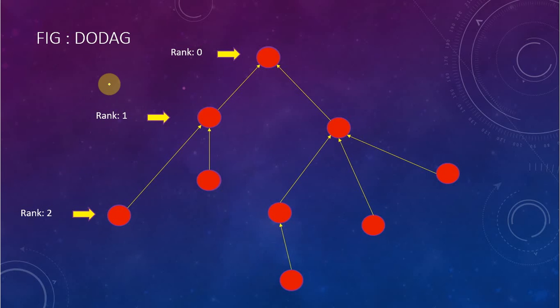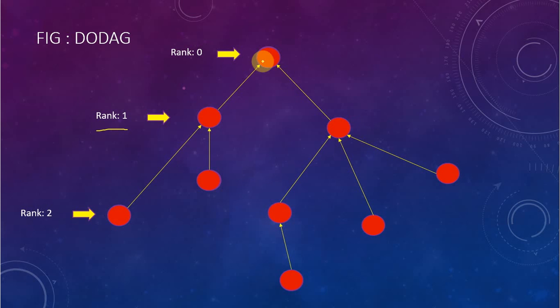Now this is the very important slide which I want to discuss. That is how a DODAG will be formed. A DODAG means, as I have said, a destination oriented acyclic graph, where the rank for the root will be 0, for the next level the rank will be 1, for the next level the rank will be 2. Similarly it will keep on increasing as we move away from the root.